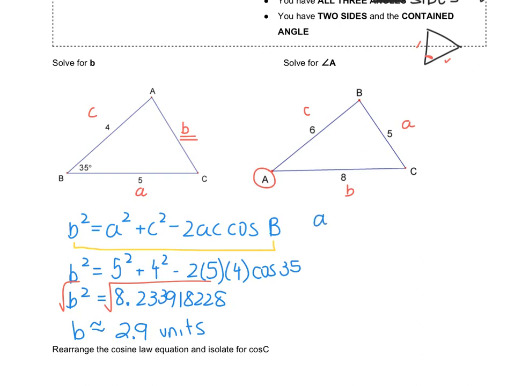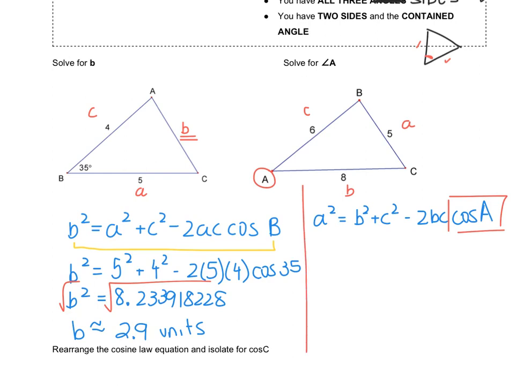So I'm going to do a squared equals the other two sides squared minus double the other two sides, and then cos of angle A. So my goal is going to be to isolate for cos A, and we should know that anytime we're trying to find an angle, we're going to have to take the inverse at some point.